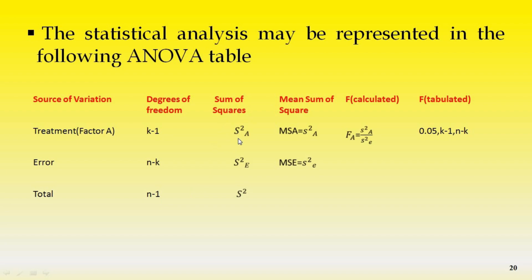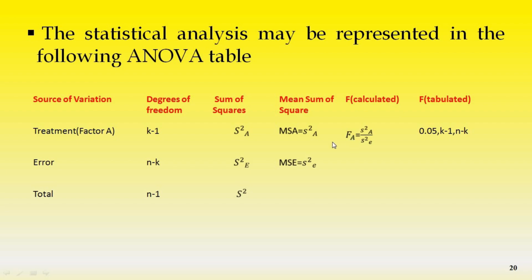What is the sum of squares for factor A? This is SSA. For error, SSE, and for total, TSS. Then the mean sum of squares: MSA for factor A, which equals s_a square, and MSE, which equals s_e square.